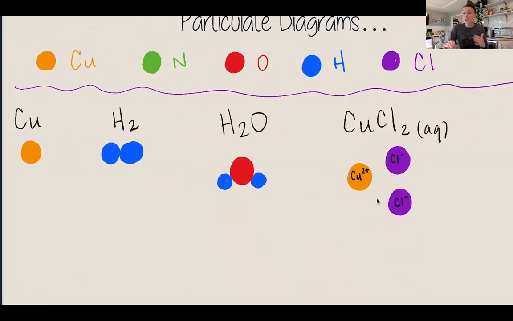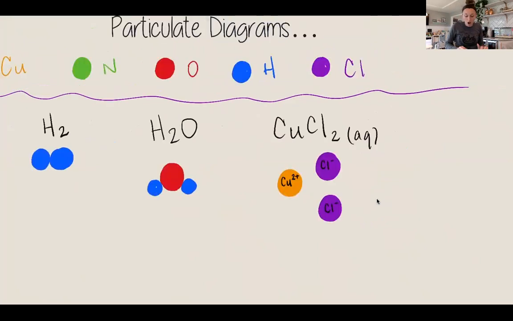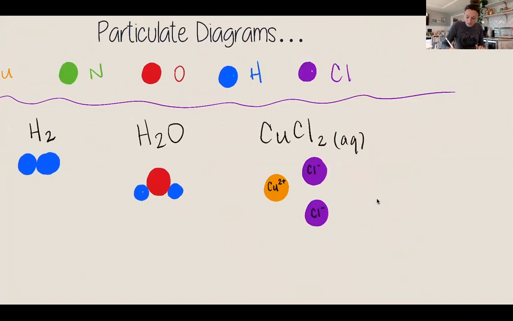So things that are aqueous, ionic substances in an aqueous form, are going to dissociate into their ions. And we need to show that and represent that when we're drawing a particulate diagram. Copper oxide, CuO, is not an aqueous substance. That is a solid.